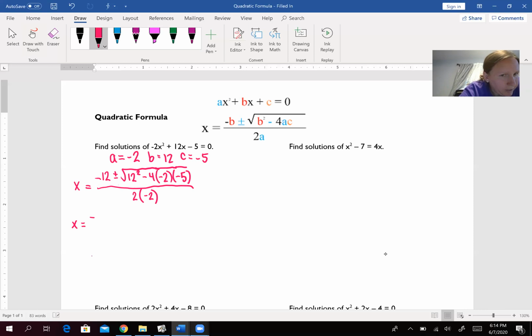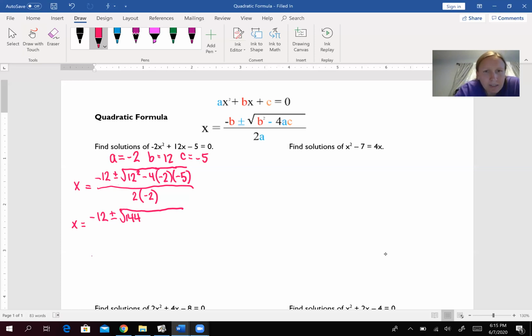So x equals -12 plus or minus the square root. So 12 squared is 144. And then whenever you're evaluating that 4ac, you have to be very careful with your signs. So -2 times -5 would be a +10, and 4 times 10 is 40.